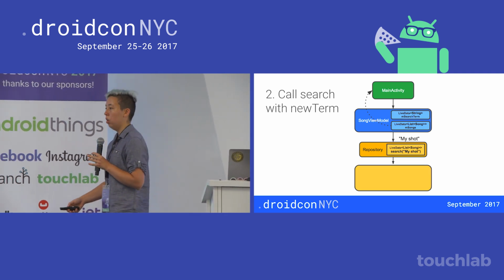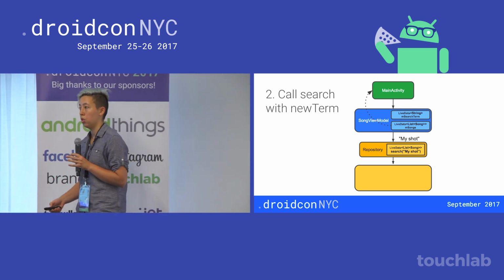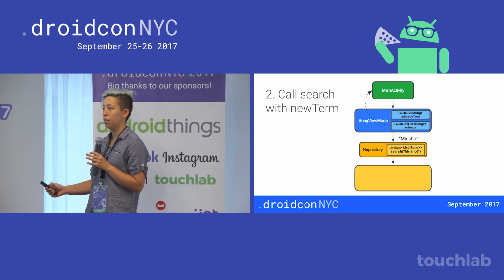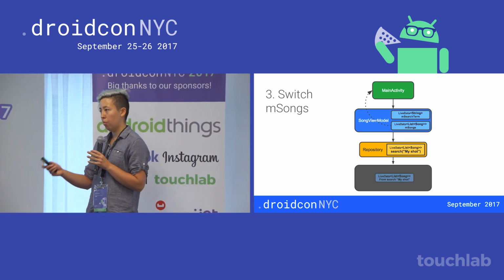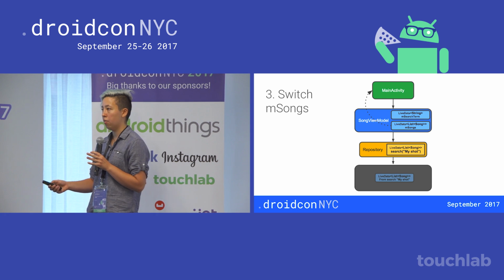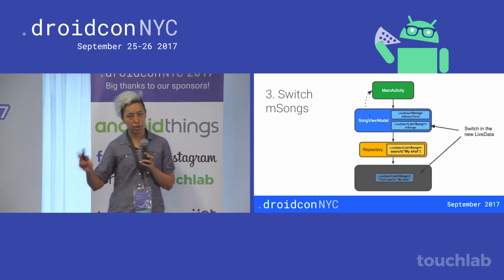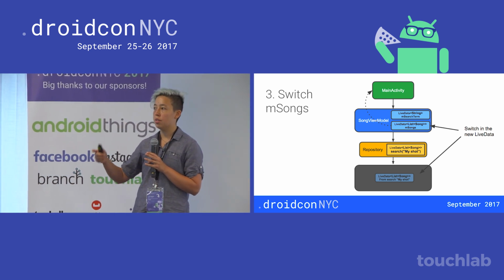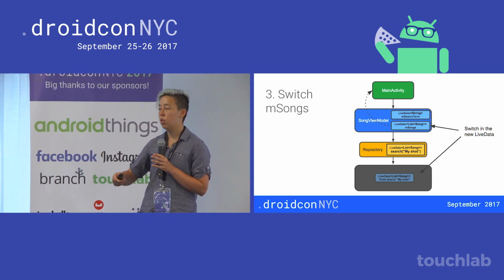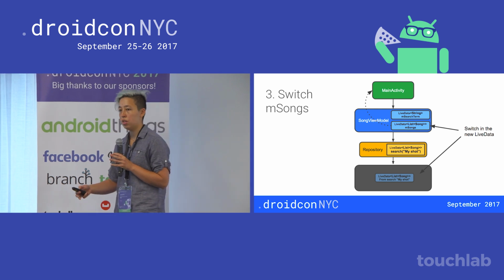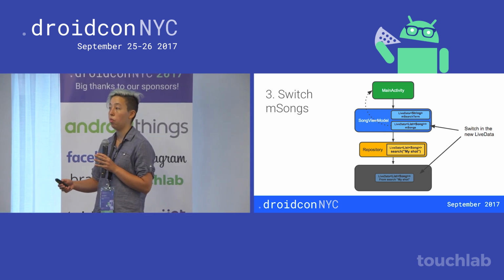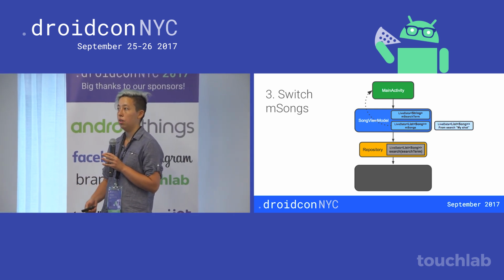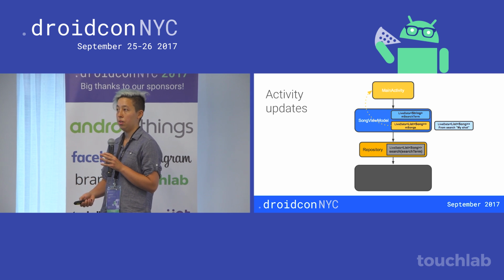it's going to call the repository with that new search term. The repository will find the new LiveData for us. Then it does this kind of magical swap thing where mSongs is now going to be referring to the new LiveData that we just looked up, without having to change around any of the observer relationships that we had before. And then that updates our activity.